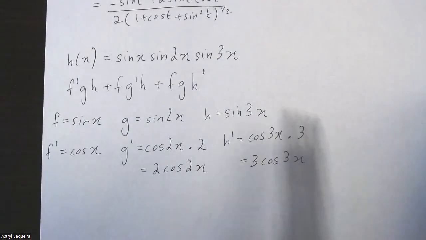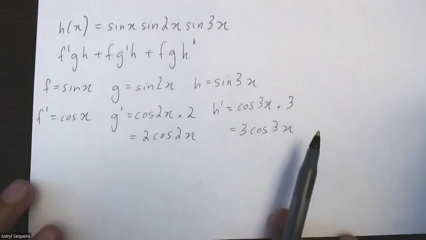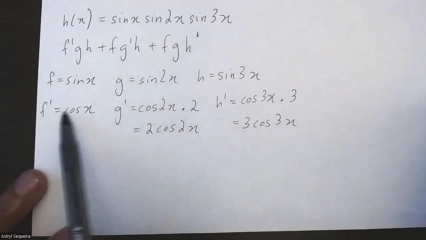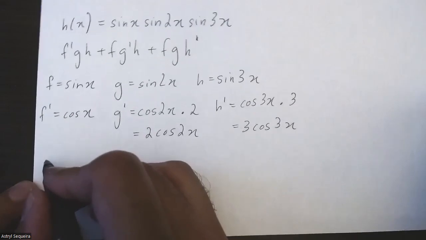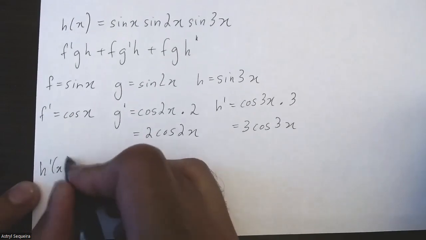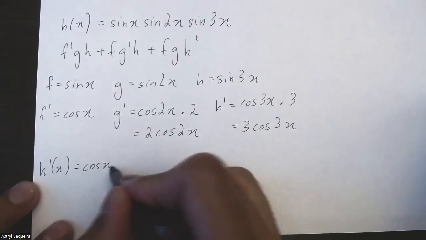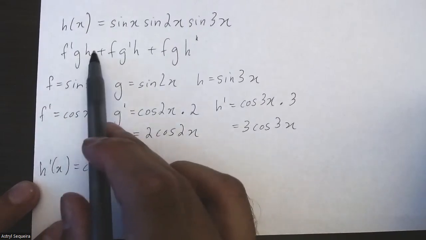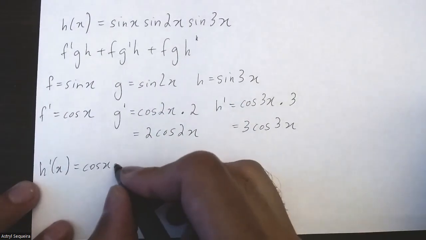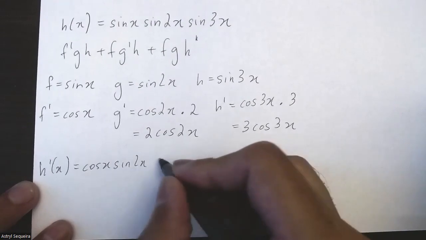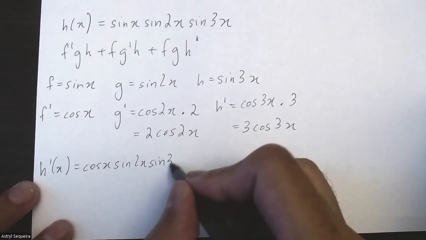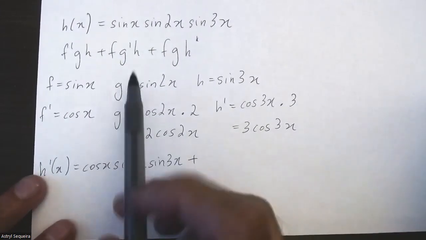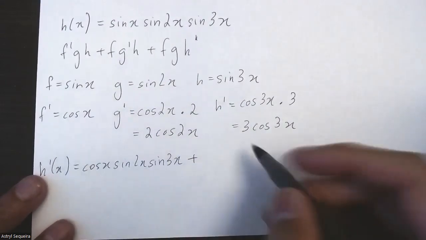Now we just want to plug all of this into this formula over here. So f prime is just cos x. So h prime x equals cos x times g times h, so times these two, so sine 2x sine 3x plus f, which is sine x.